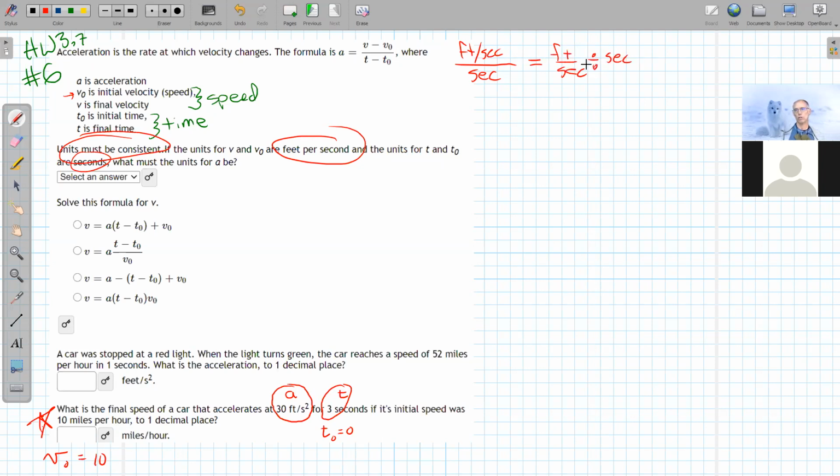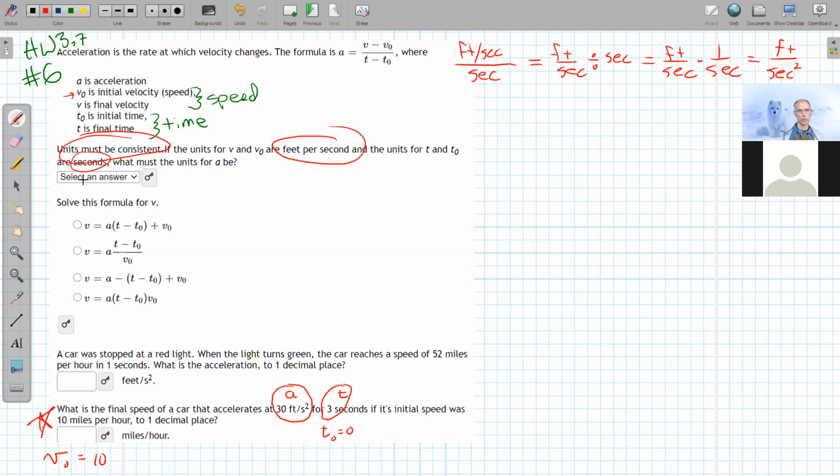When we work with division of fractions, you have to multiply by the reciprocal of the second one. So that'd be feet per second times 1 over seconds. Feet times 1 is feet. Seconds times seconds would be square seconds, which is kind of weird, but that's what it is.